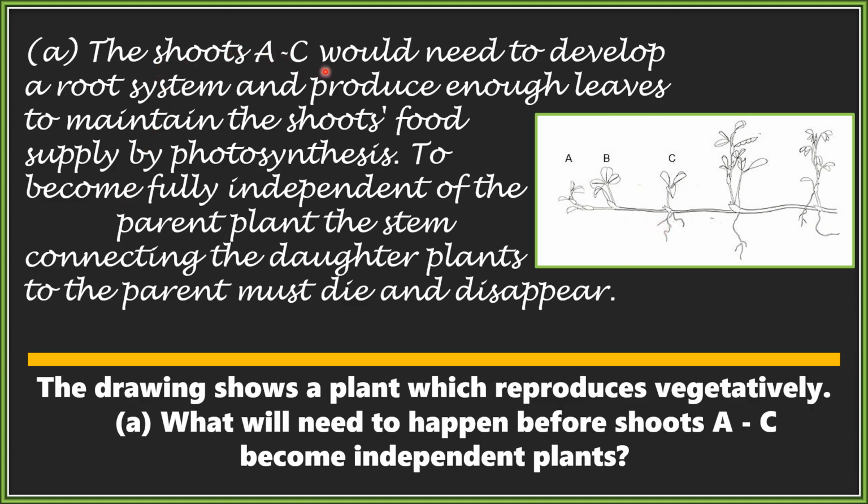Shoot A and C would need to develop a root system and produce enough leaves to maintain the shoot's food supply by photosynthesis. To become fully independent of the parent plant, the stem connecting the daughter plants to the parent must die and disappear.